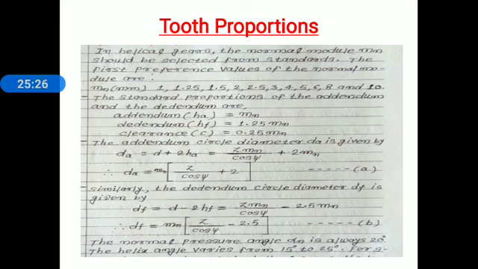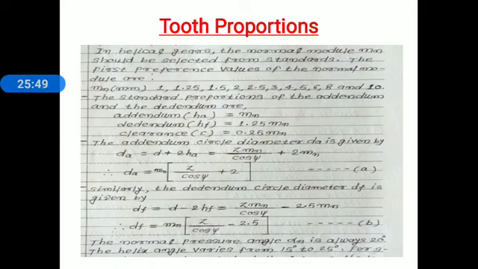Next, the third point in tooth proportion, addendum and dedendum circle diameters. Addendum circle diameter is denoted by letters d suffix a, and the addendum circle is the extreme outermost circle in case of a gear, and that is equal to pitch circle diameter plus 2 times addendum.